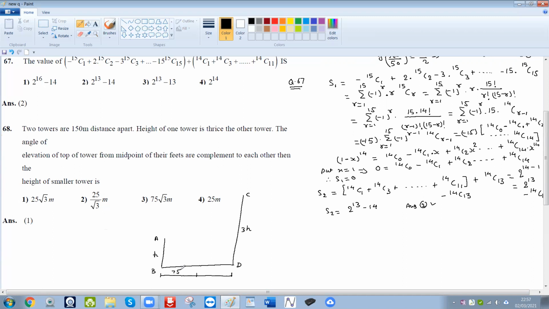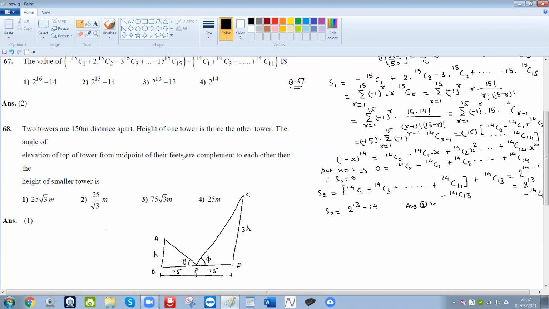So we are taking the observation from the midpoint. So this one is 75, this one is also 75. This is the observation point. And it says that the angle of elevation of the top of the towers is this angle and this angle.